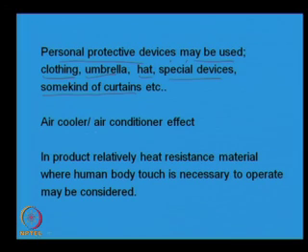Now, the air cooler and air conditioner effect. Some people complain that air conditioning has dry air, so some people have problems. So some people do not like to use air conditioning always.